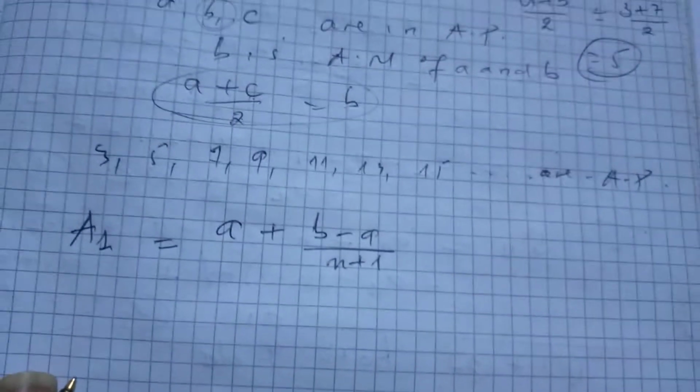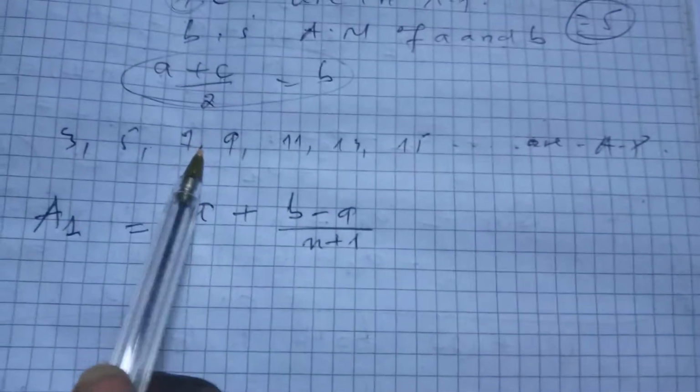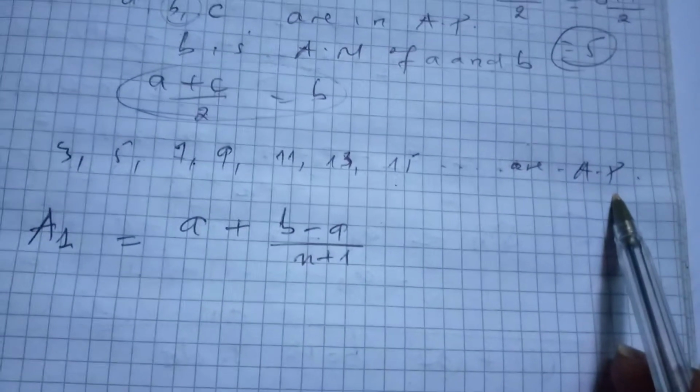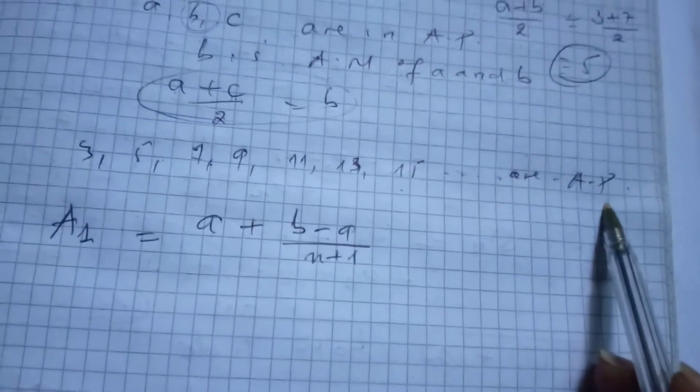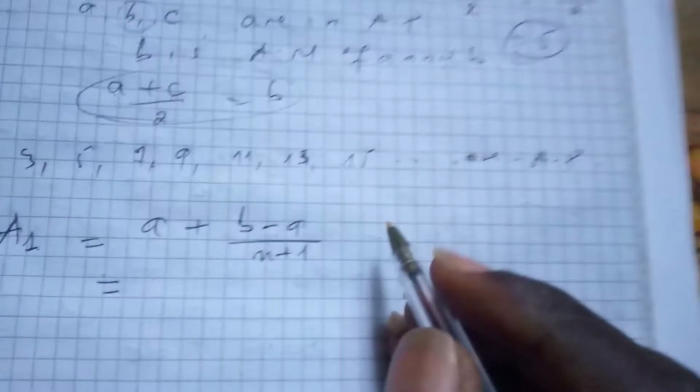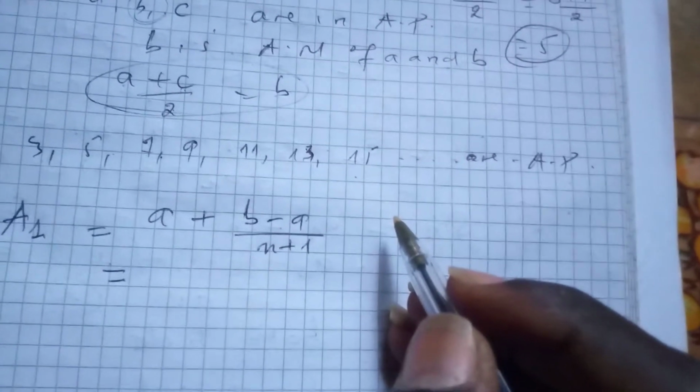For instance, let us take an example. We have 3, 5, 7, 9, 11, 13, 15 up to 19, which are in AP. For finding the AM, let us proceed like this. Then you have to find the difference.